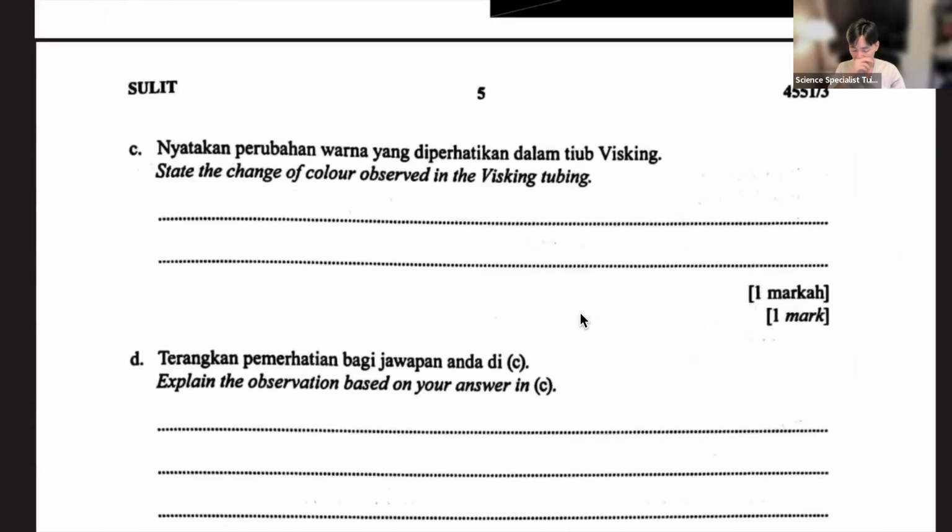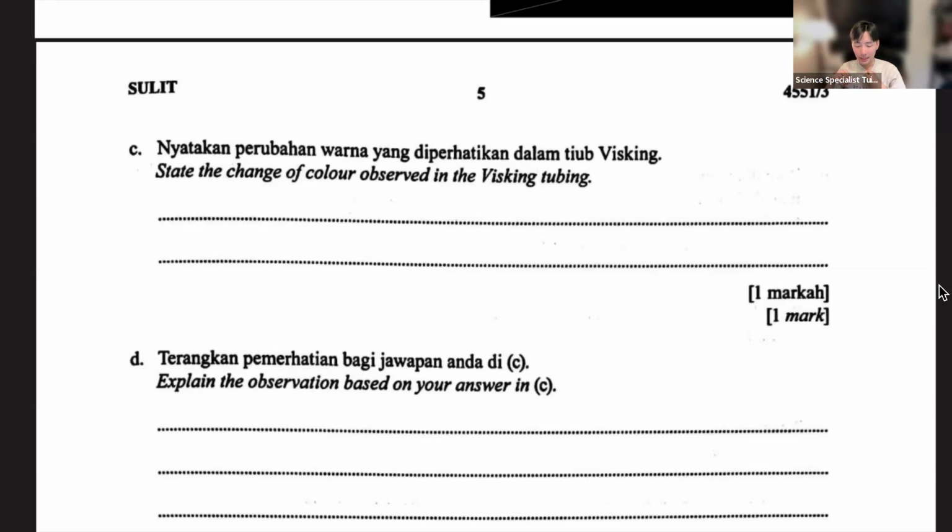Look at this. State the change of the color observed in the whisking tubing. Very sticky. Yeah, they collapse. Remember your tight knots. You know how to tie knots?